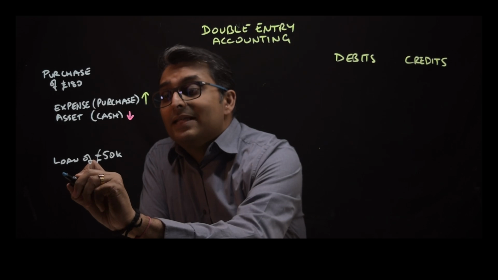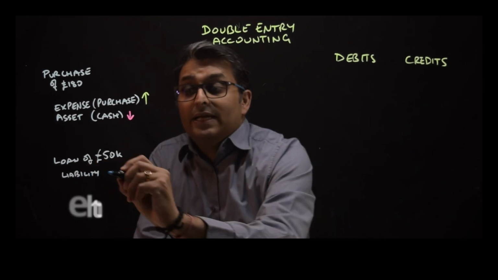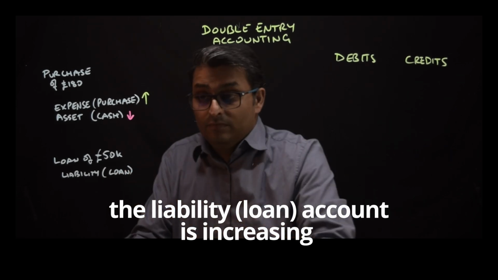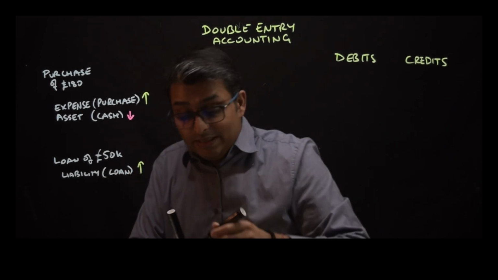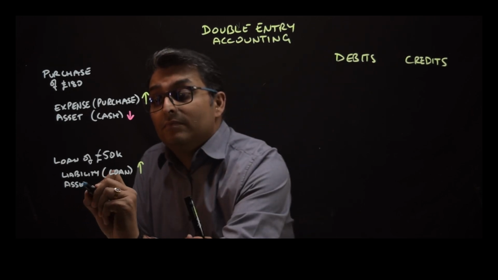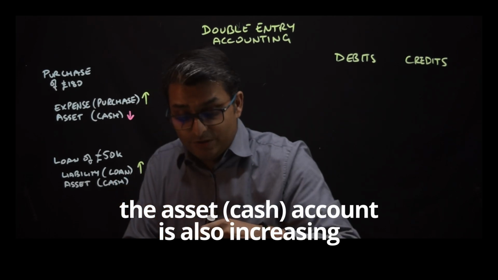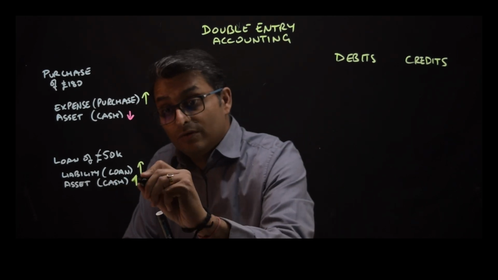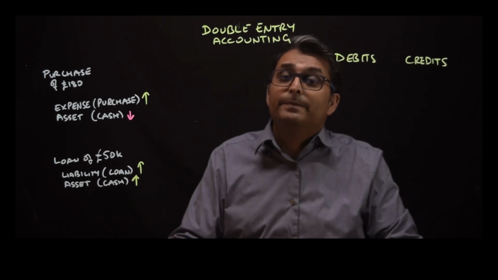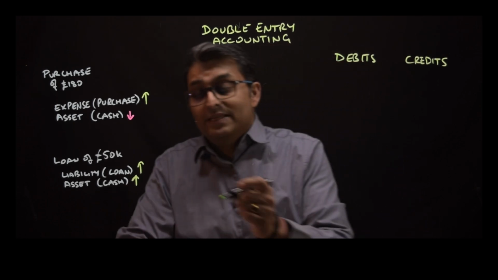What is happening is that the liability account, or the loan, the liability is increasing, and because I'm getting money, the asset account, which is cash, is also increasing. So those are the 2 effects. Both are increasing.